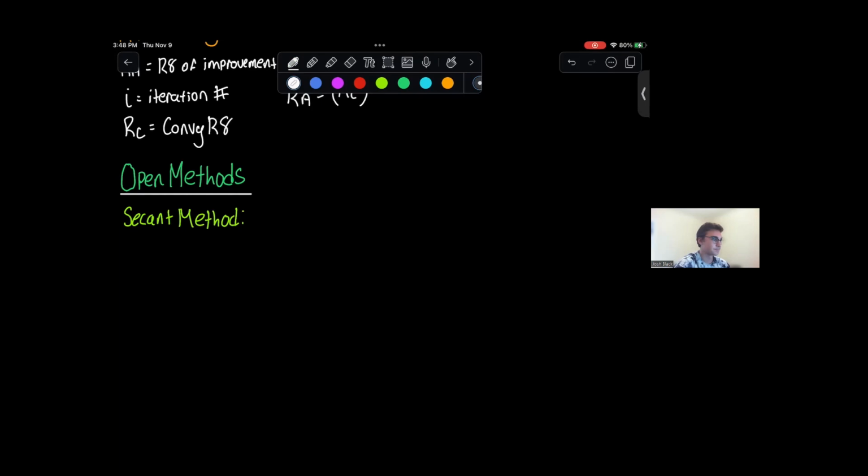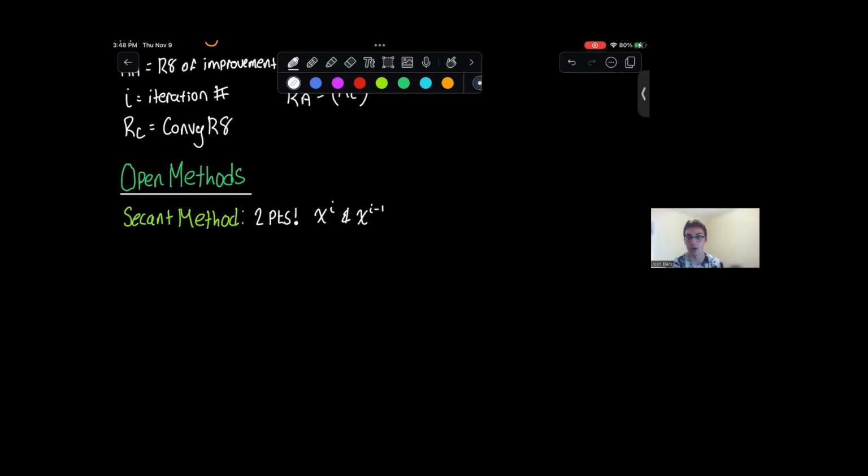The secant method requires 2 points in order to work. These points are going to be what I'm going to call xi and xi minus 1.